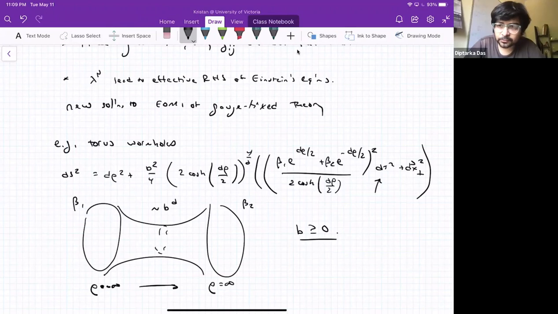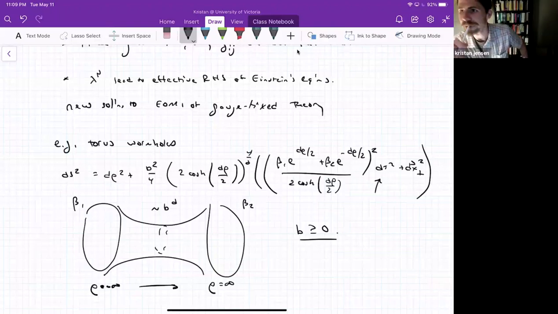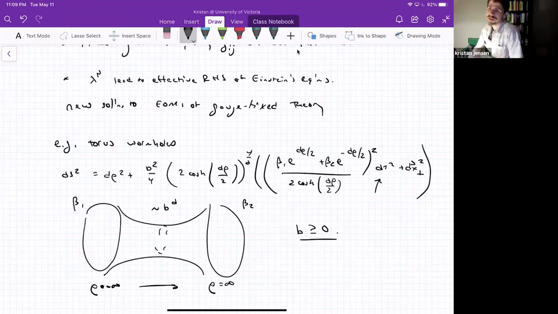And Kristan, can you tell us how exactly is this different from the constrained instanton method? Well, another way of arriving at this geometry is by hand: introduce a constraint which fixes the length between one boundary and the other to some value.